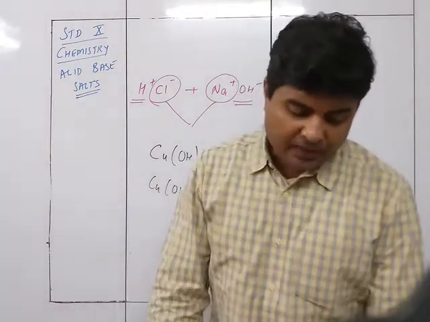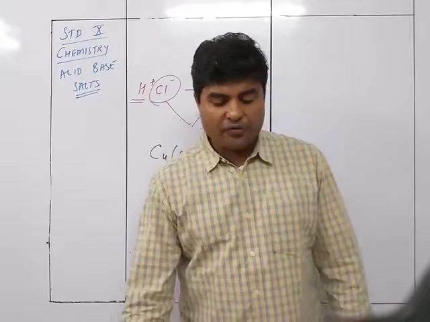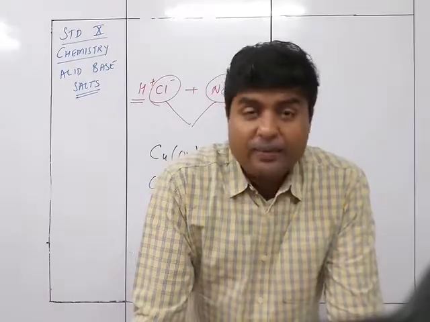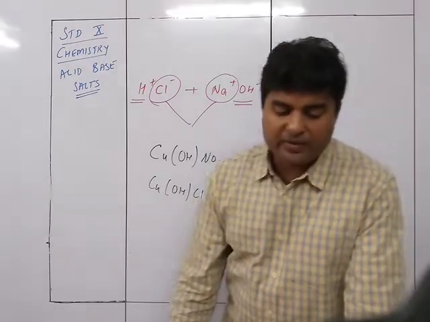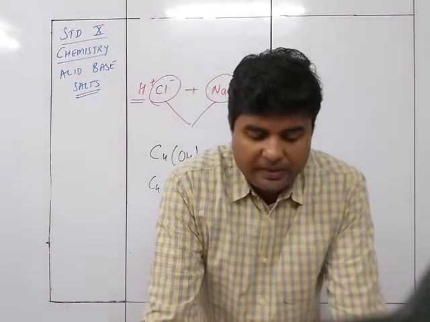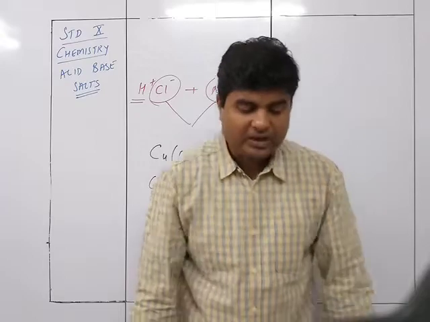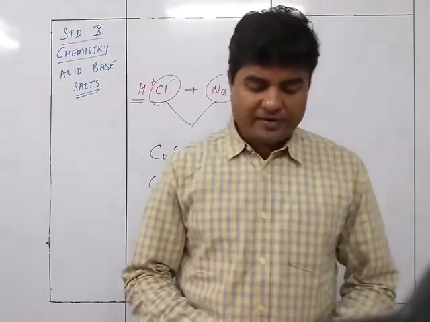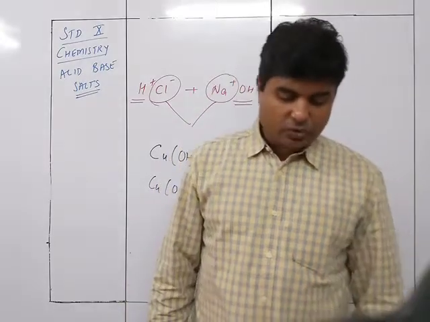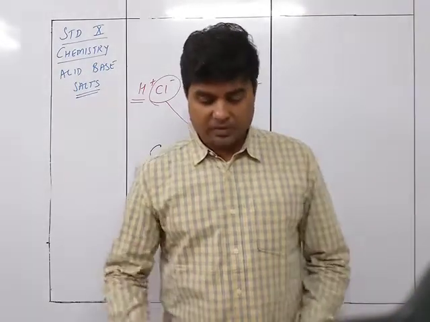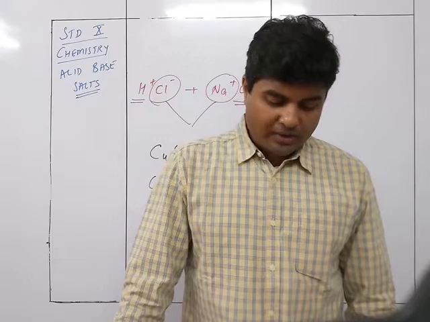One hydroxide is present in the salt, so what we get is a basic salt, formed by partial replacement of the hydroxide radical of a diacidic or triacidic base with the acid radical. You don't need an example, they are not given, so not required.